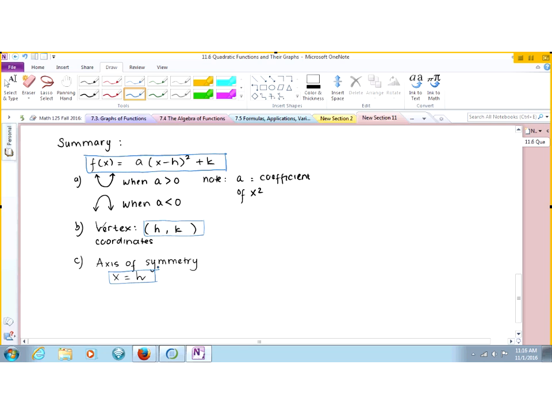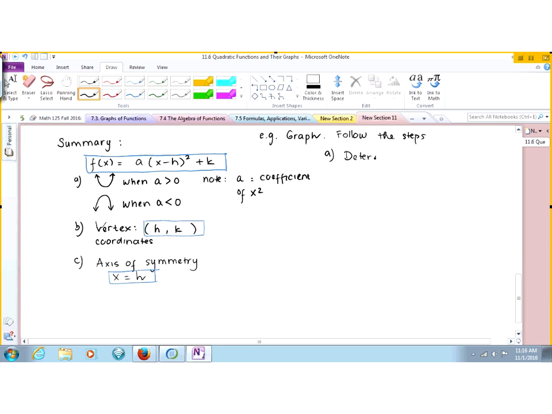All right. So are we graphing now? We're going to graph by hand. So when we graph, this is what we're going to do. We follow these steps.